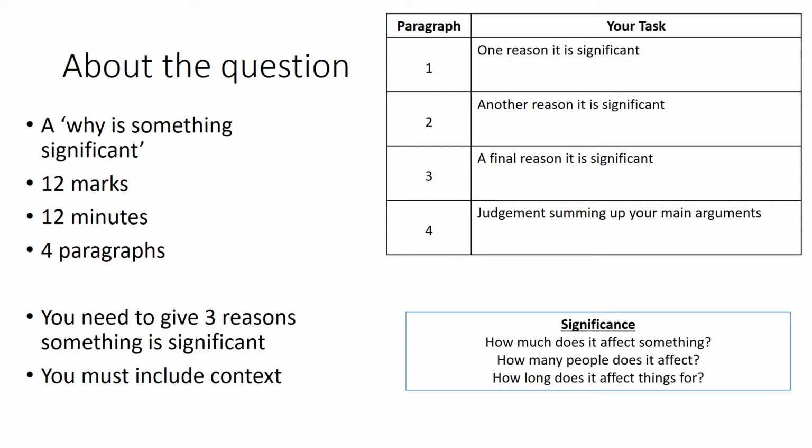Obviously, if it completely changes something, it's going to be very significant. If it doesn't change a lot, it's not going to be very significant. You also need to look at how many people it affects and how long it affects things for. And obviously, the bigger the number of people or the longer time it affects things for means it is more significant.